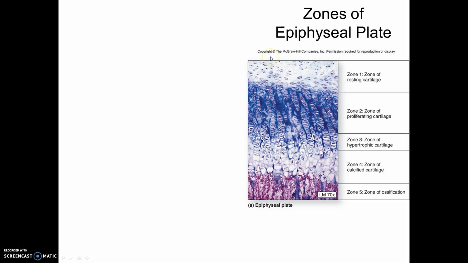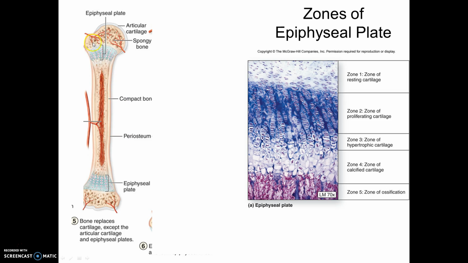If we're talking about, say, growth of the humerus, the proximal epiphysis of the humerus would be up in this area up here, whereas the diaphysis of the humerus would be down here. So we're going to be watching growth occur up through the slide, and that's demonstrated in this proximal epiphysis here.